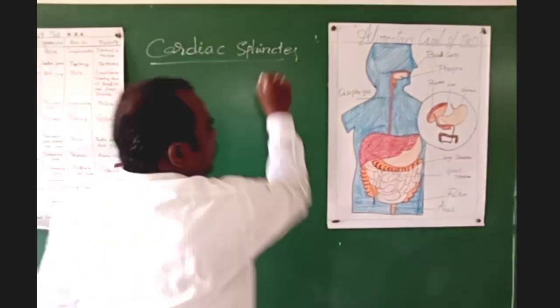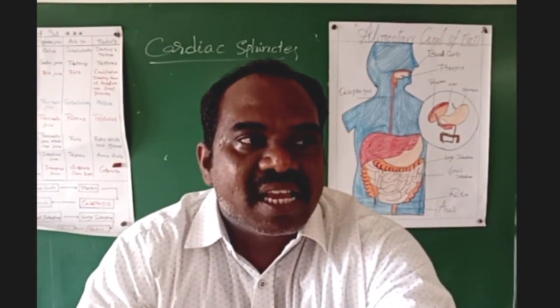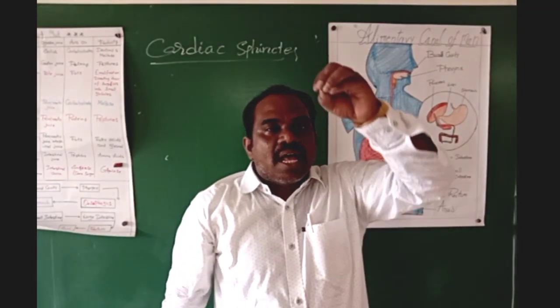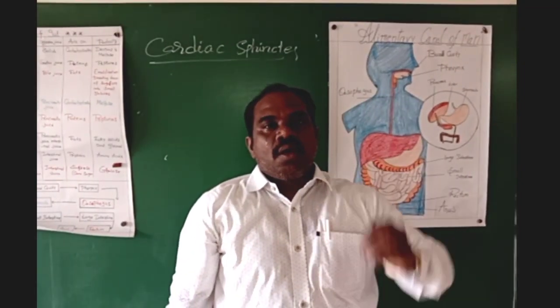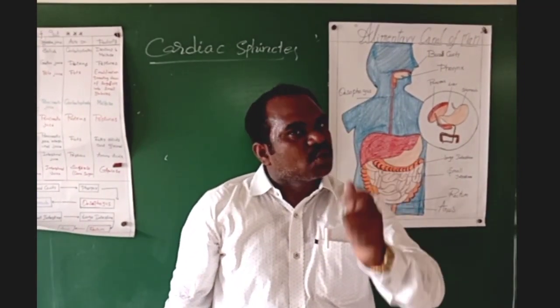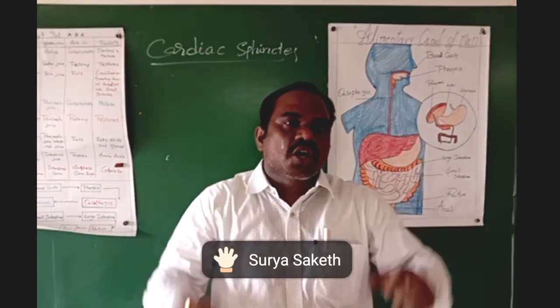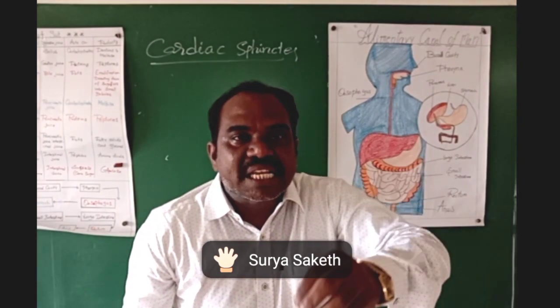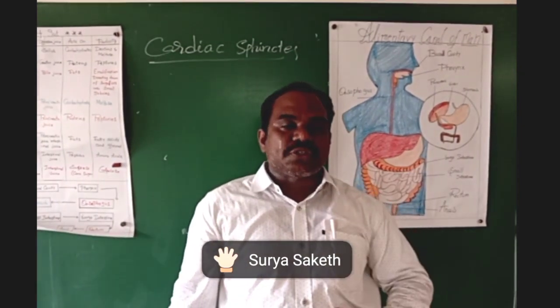Cardiac sphincter is present in the stomach. This sphincter regulates the food materials, controlling the passage of food from esophagus to stomach.